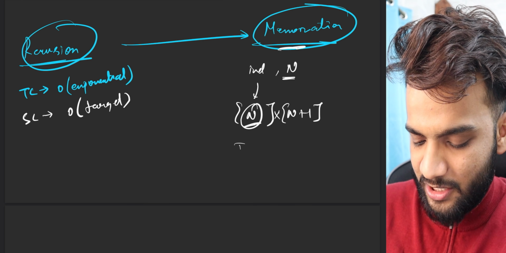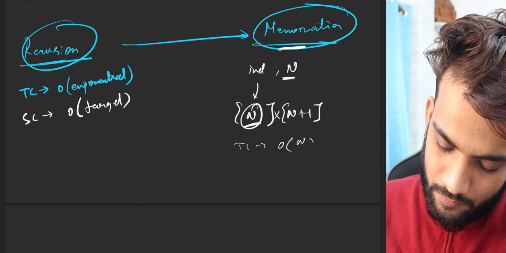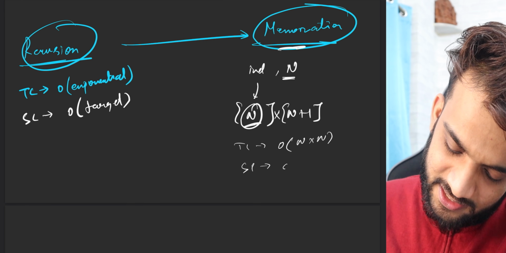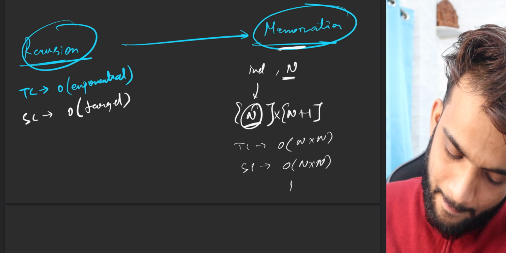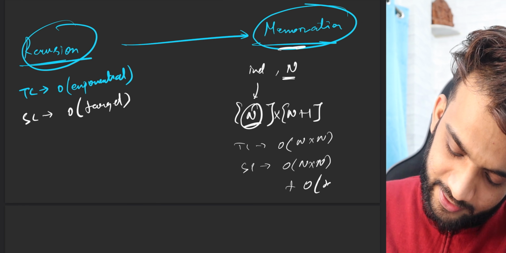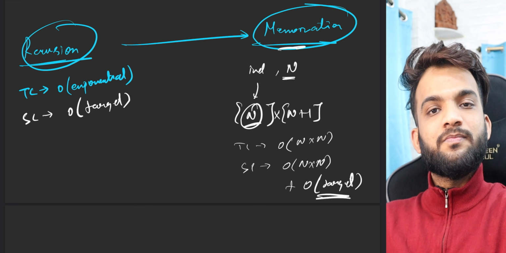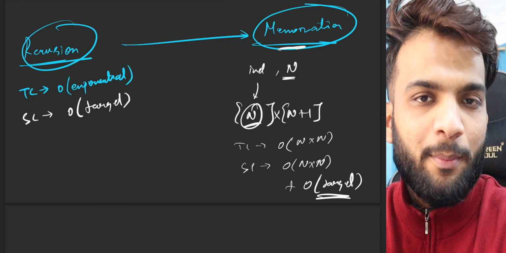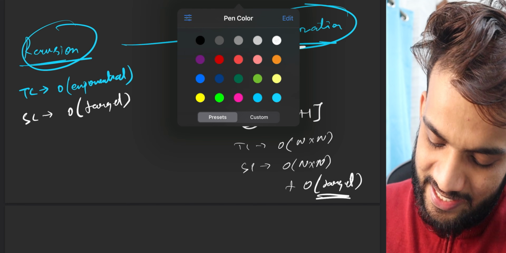The time complexity will be big O of n into n. The space complexity will be big O of n into n plus big O of the target as the auxiliary stack space.